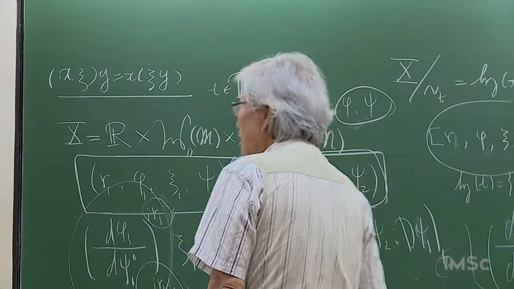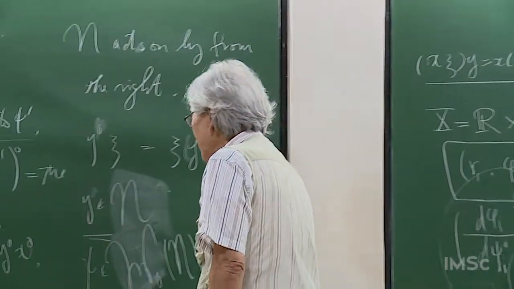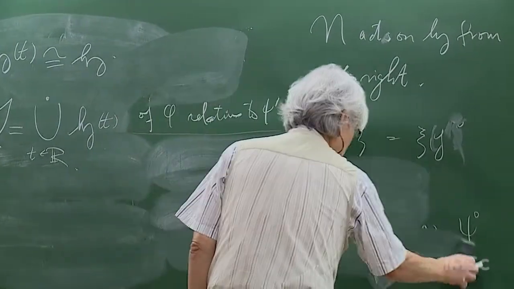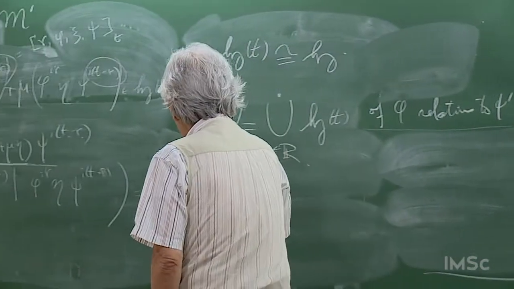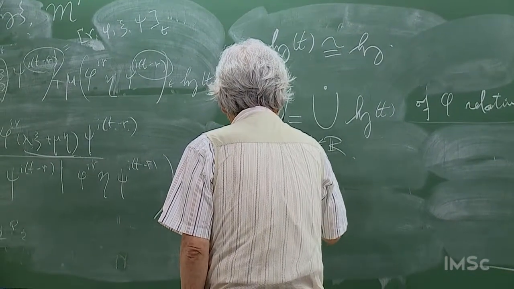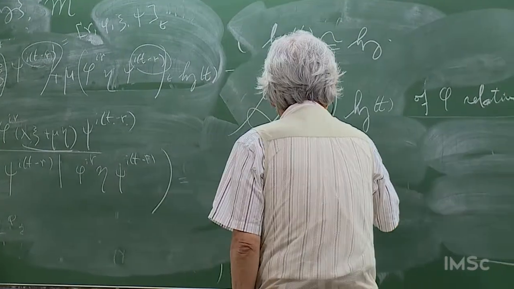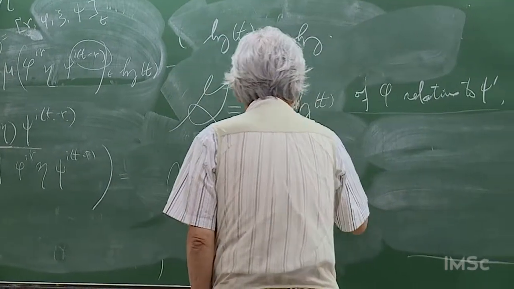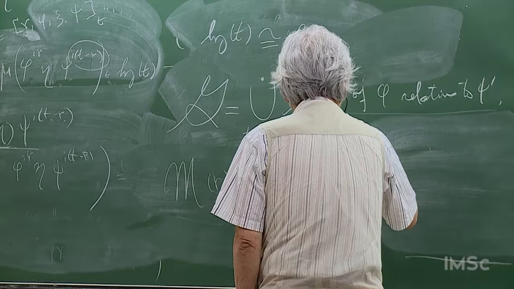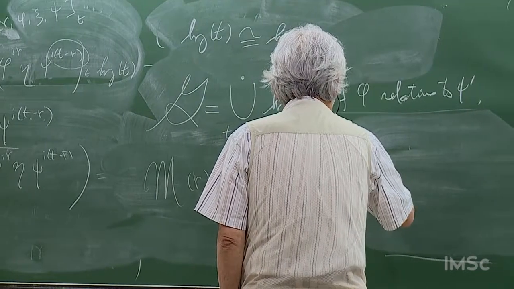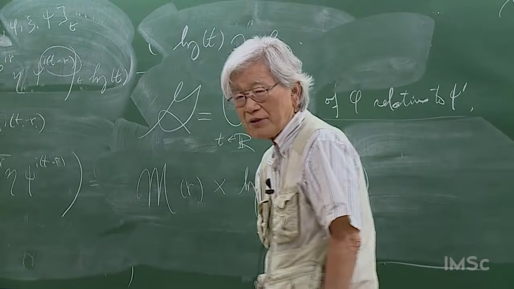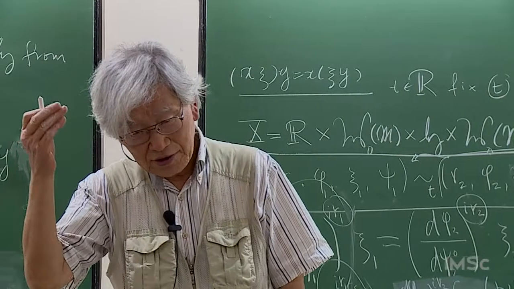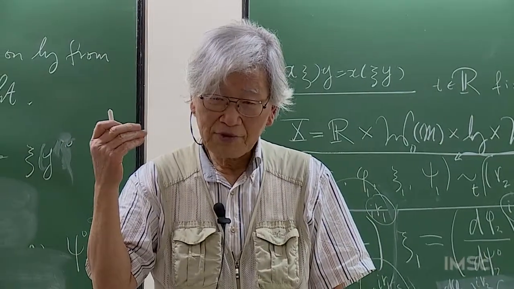Now, you can have this marking from M of S times H of R, H of S, N of T. Okay, remember this N and the NT, MT were constructed by yesterday's procedure here.